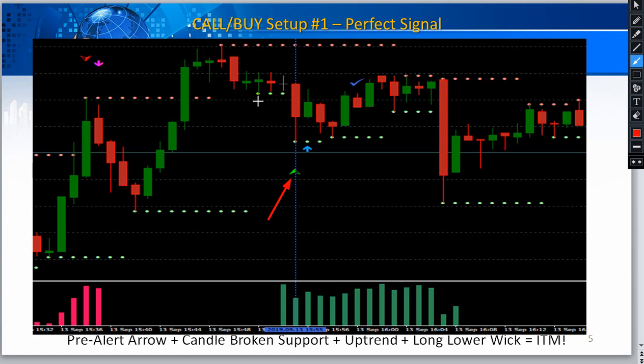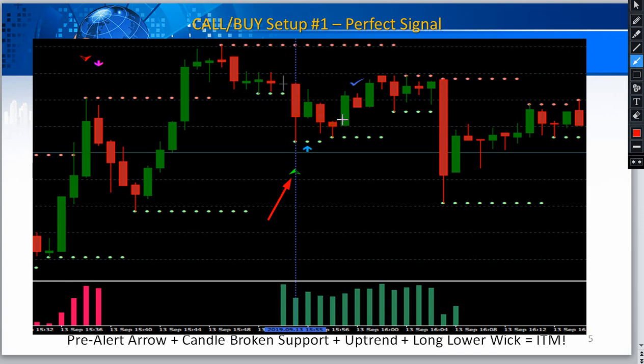There's a reason why I put these lines and the dotted ones. Once that is done, you check whether the trend is up. If the trend is up, like in this case where the histogram is green, then at the open of the next candle you will get these other alerts, and that's where you enter your trade.